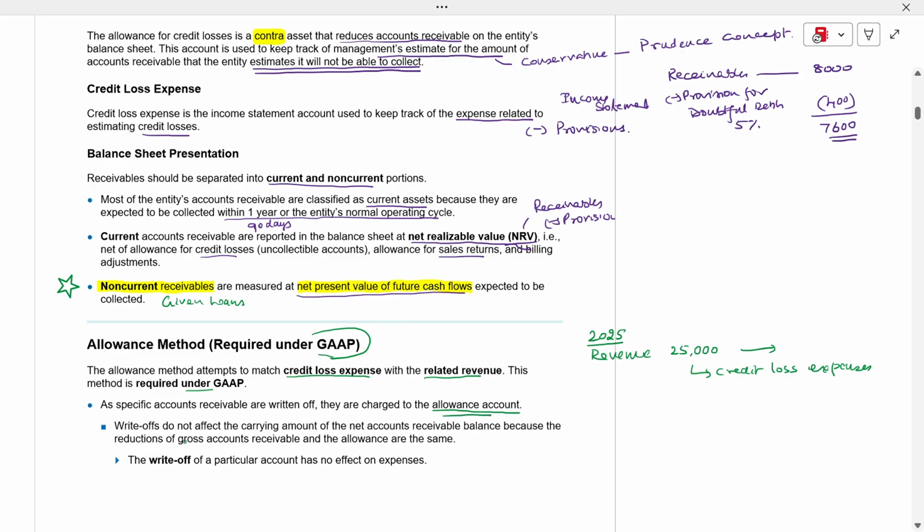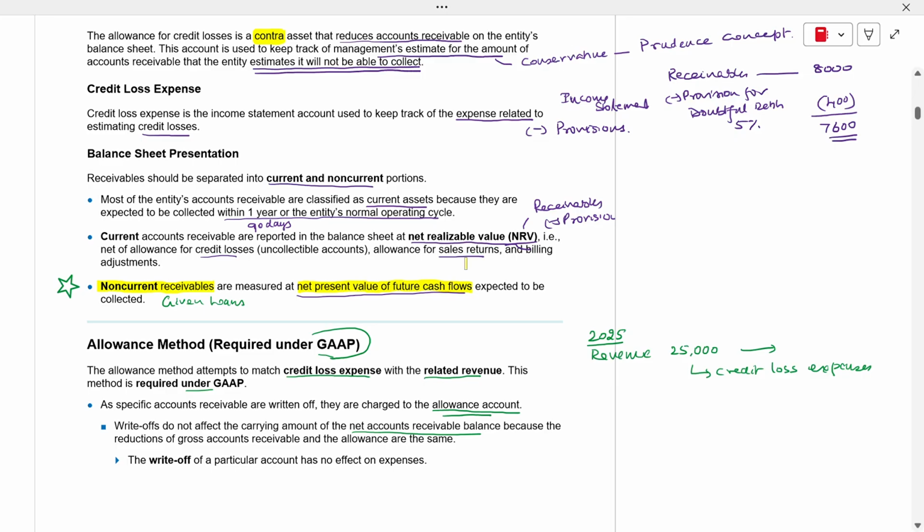What we'll do, we'll say the provision for loss allowances, provision for bad and doubtful debts, allowances for bad and doubtful debts. Now, as specific accounts receivables are written off, they are charged to the allowance account. Write-offs do not affect the carrying amount of net accounts receivables. What is the net accounts receivable?